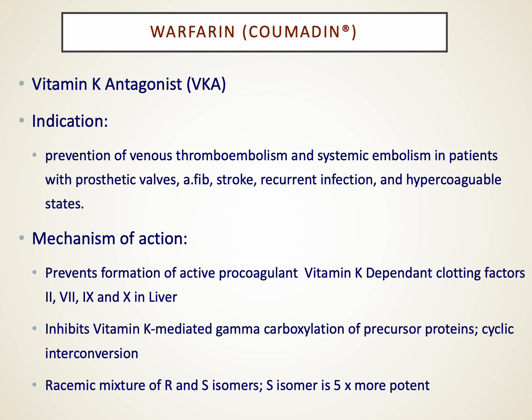Until the last 4 or 5 years, it was even used for hypercoagulable states in patients who had cancers, but there's probably stronger data that the low molecular weight heparins like Lovenox, or enoxaparin, are better for patients who have recurrent thromboembolic events who are hypercoagulable, particularly related to cancers.